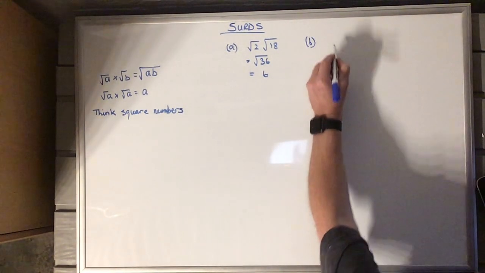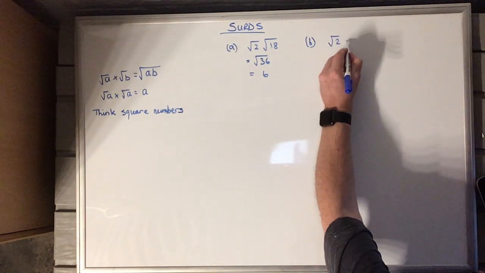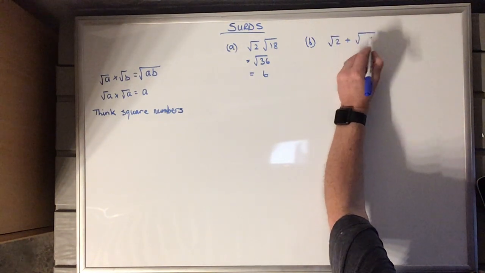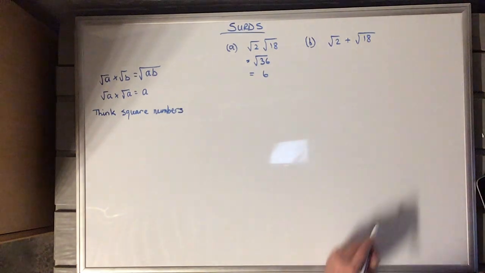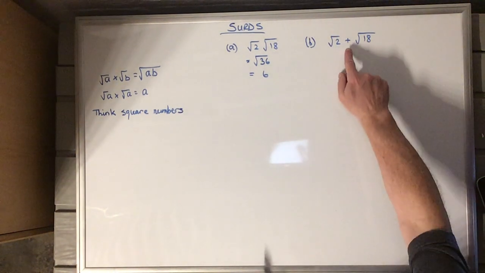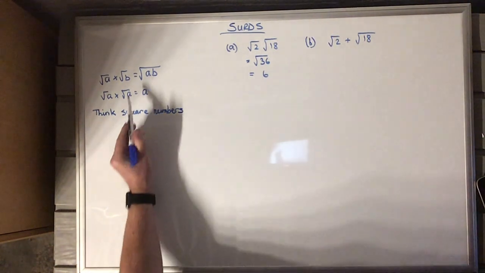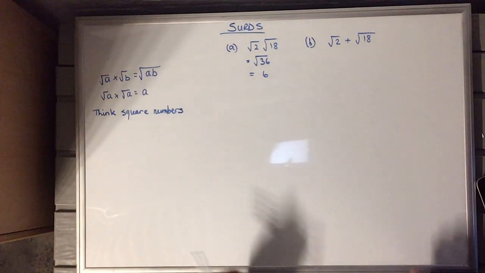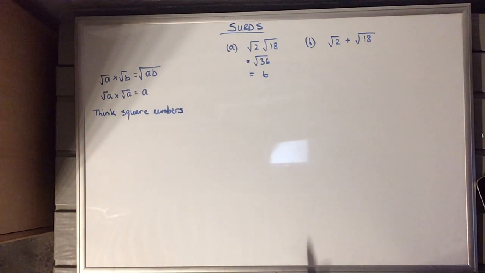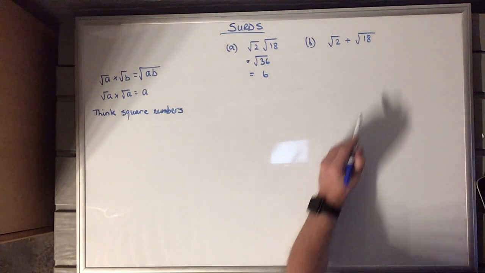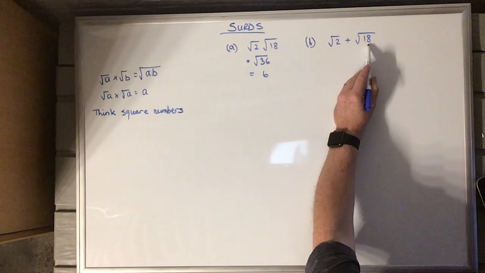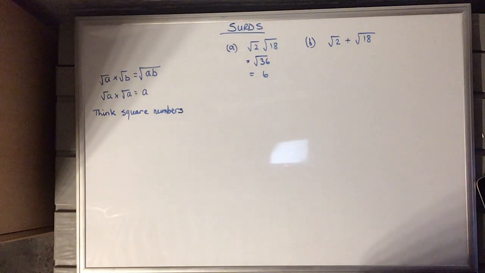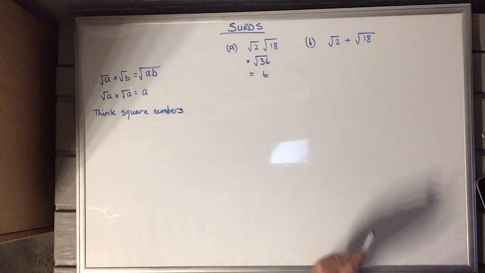Second part of the question. We have to simplify this: root 2 plus root 18. Now let's add this time. Notice how we don't have any rules for adding really, but we can only add roots that are the same. So to tidy this up, we have to write root 18 in terms of root 2, and if we can do that, then we can tidy up the root 2's.